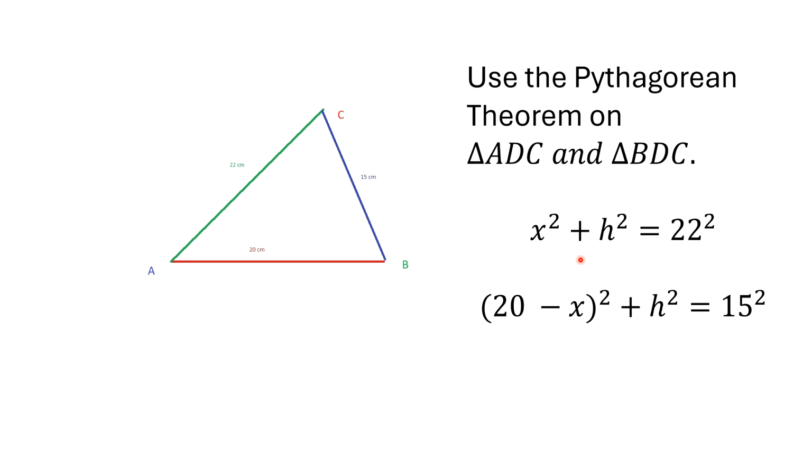So x squared plus h squared is this hypotenuse, 22 squared. And this side was 20 minus x. The length of AB minus x is (20 minus x) squared. Again, plus h squared is 15 squared. So I have two equations, and I have two unknowns, x and h.